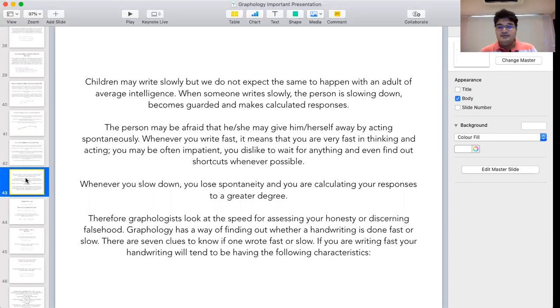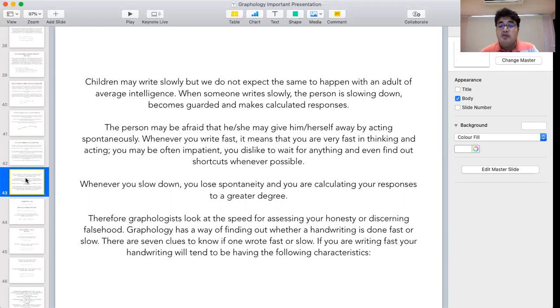So as I was saying, whenever you slow down, you lose spontaneity and you are calculating your responses to a much greater degree. This also works in the aspect of decision making. Therefore, graphologists look at the speed for assessing your honesty or discerning falsehood.